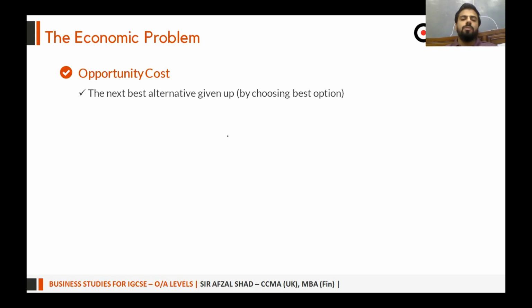So moving on to opportunity cost. Opportunity cost is the next best alternative given up by choosing the best option. You might be confused by this statement, so let me clear that for you. Let's split this statement and see what we mean by it. Next best alternative means you are choosing something over another.